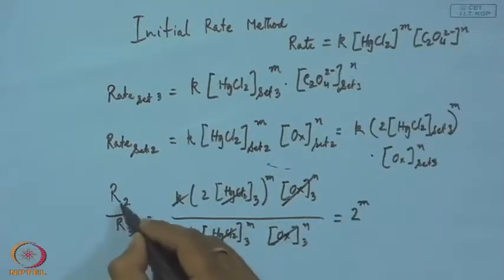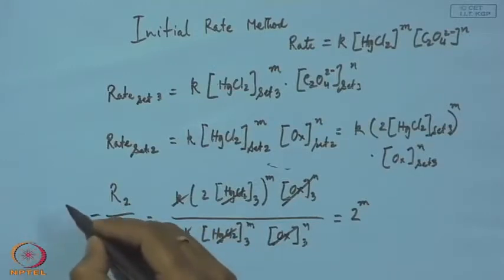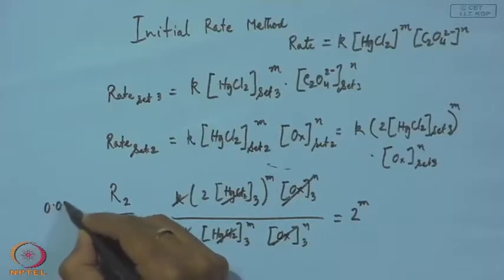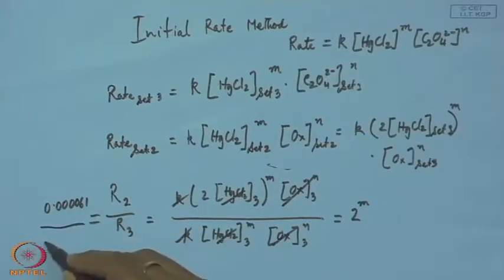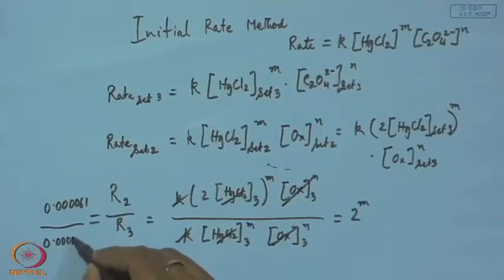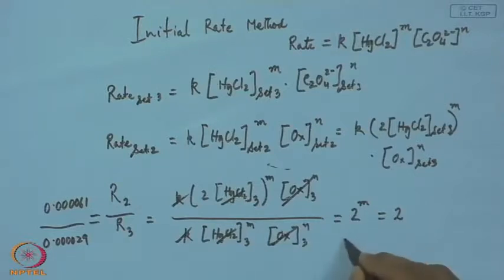Now, we know the values of these initial rates. R2 is equal to 0.4061 and R3 is 0.000029. So the ratio is approximately 2, very close to 2. Therefore, we can write m is equal to 1.